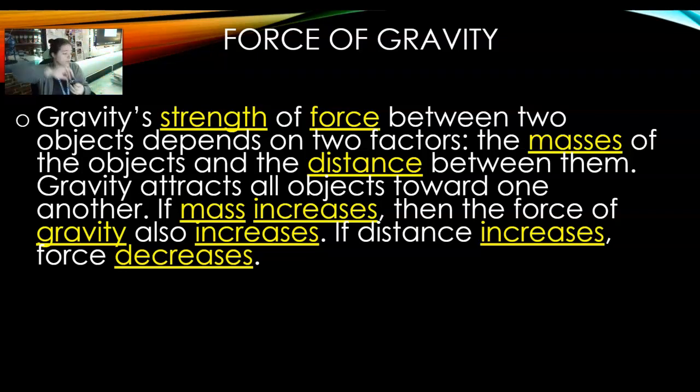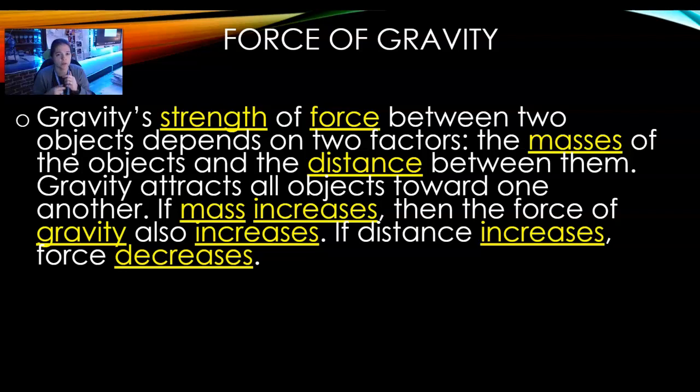So if you think of space, you have different sets of objects. Two of the objects are very tiny, and they're about this far away from each other. They have a good force of gravity. But the bigger ones, if they're like this, they have more gravity towards each other.